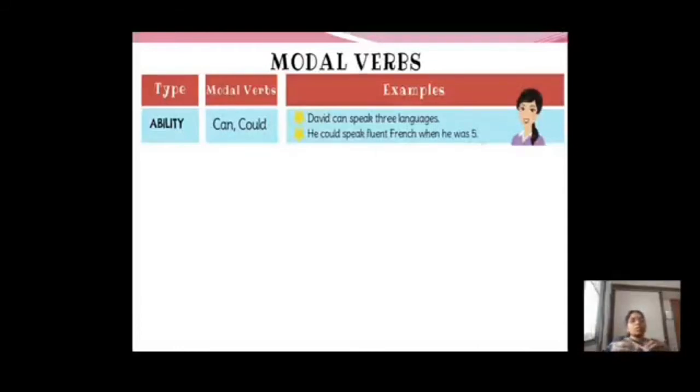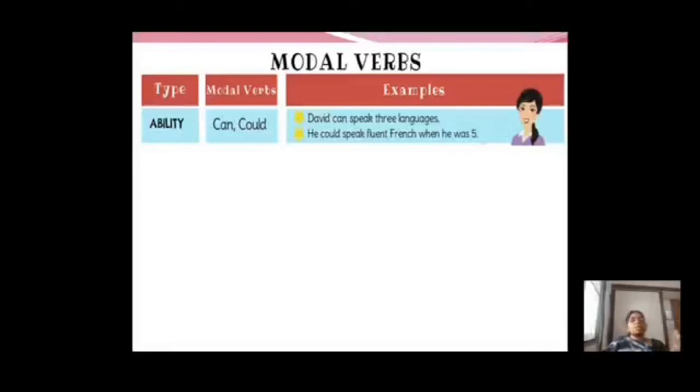classifications here, small classification. One is ability. Example modal verbs are can and could. If there is a sentence using the word can, that means you are capable. That is, you are having that ability to perform that action. For example, David can speak 3 languages.